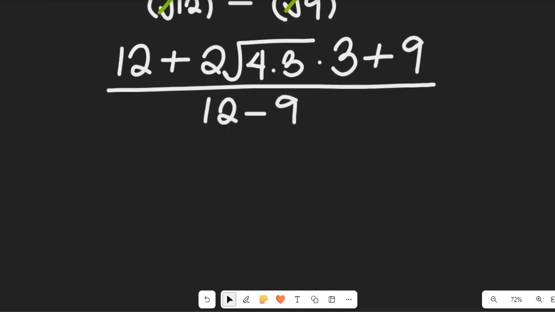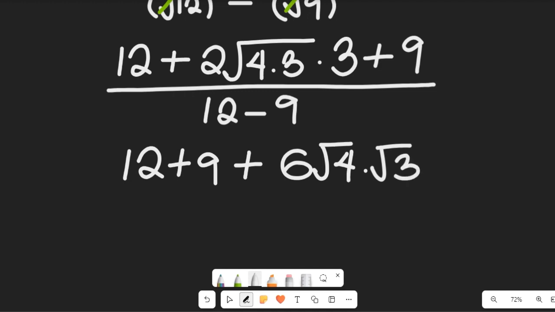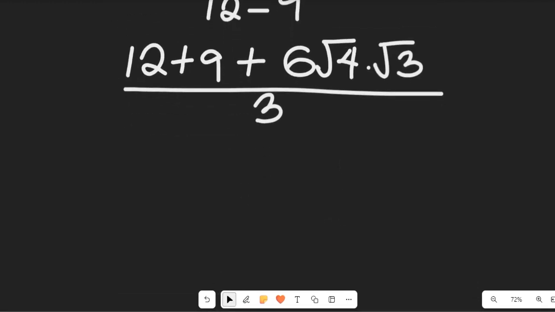Now we simplify: 12 plus 9, plus 2 times 3, which is 6, from 4 multiplied by 3, and all this divided by 12 minus 9, which is simply 3.